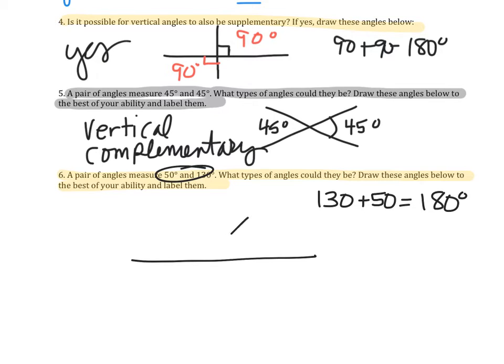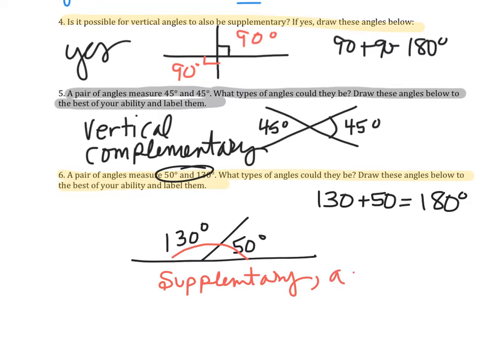So I'm just going to go 130 plus 50, just like that, are going to equal 180. So they're going to be supplementary and adjacent.